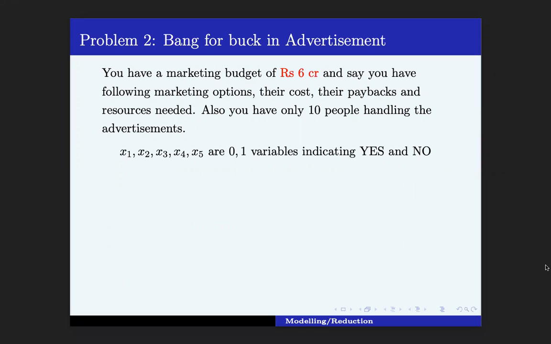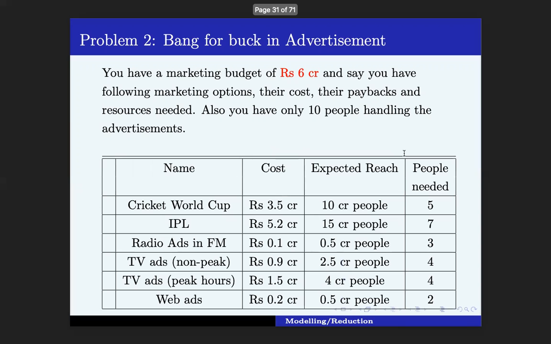And I want to attribute a 0, 1 variable indicating whether I want to invest in that particular form of advertisement or not. Note that I could not say I will invest for half of the World Cup or half of the IPL.